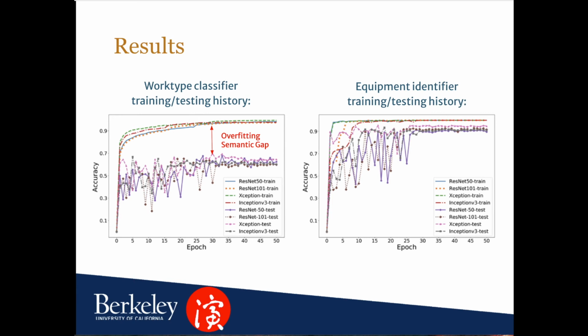However, for equipment detection, because equipment is a rather concrete idea, there is no such semantic gap, so the performance of the model on the testing dataset is pretty accurate as well.